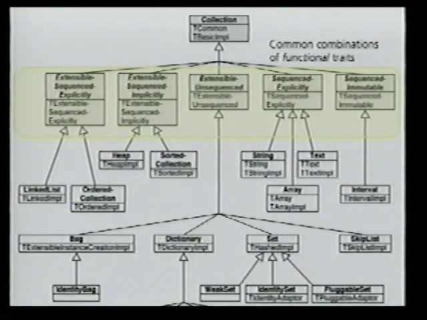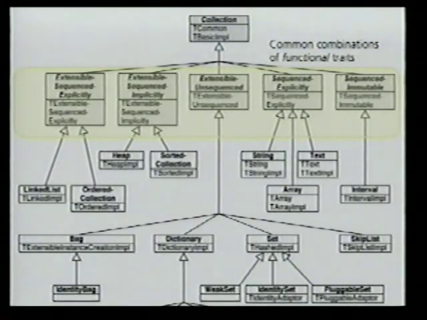Yeah, it seems like most of these are single trait. Right, so what we did, there are lots of comments to make about this. These classes only have a single trait, but this single trait is actually composed from many subtraits.